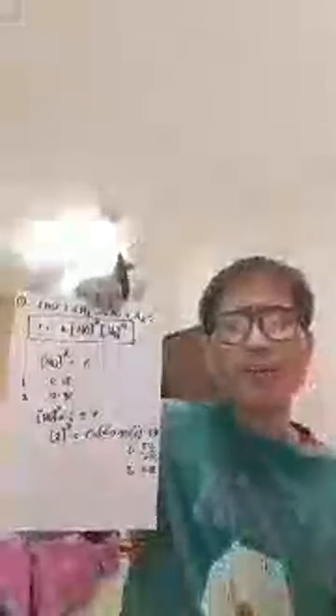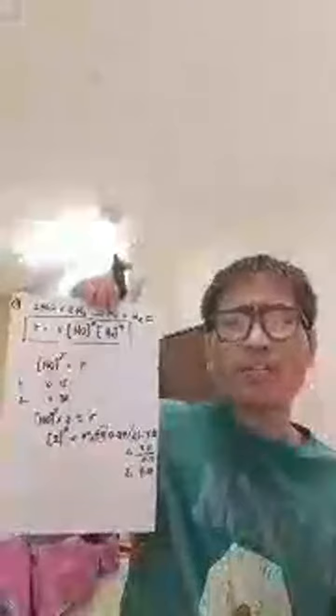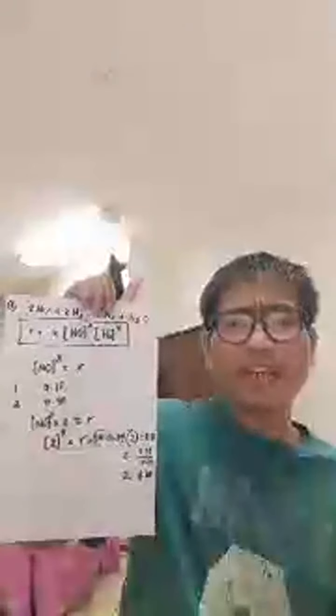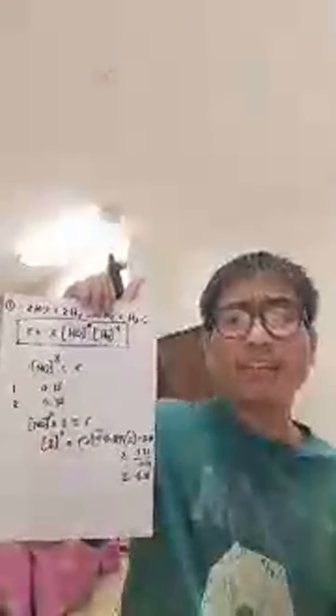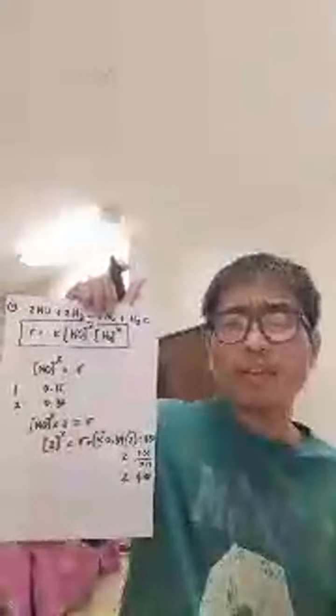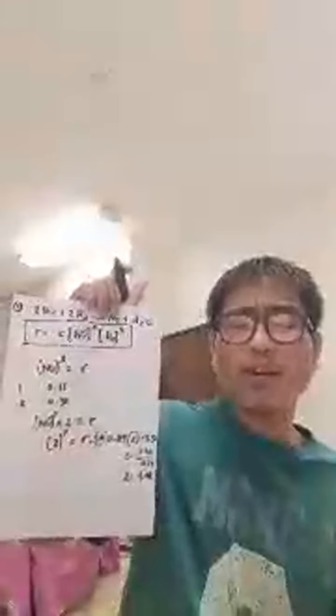Okay, so we now have 2 raised to the power x is equal to 4.02. Just neglect the 0.02 because you are dealing here with the reaction order. There's no reaction order with a decimal like that. There can be a negative fraction, but not a 0.something reaction order.